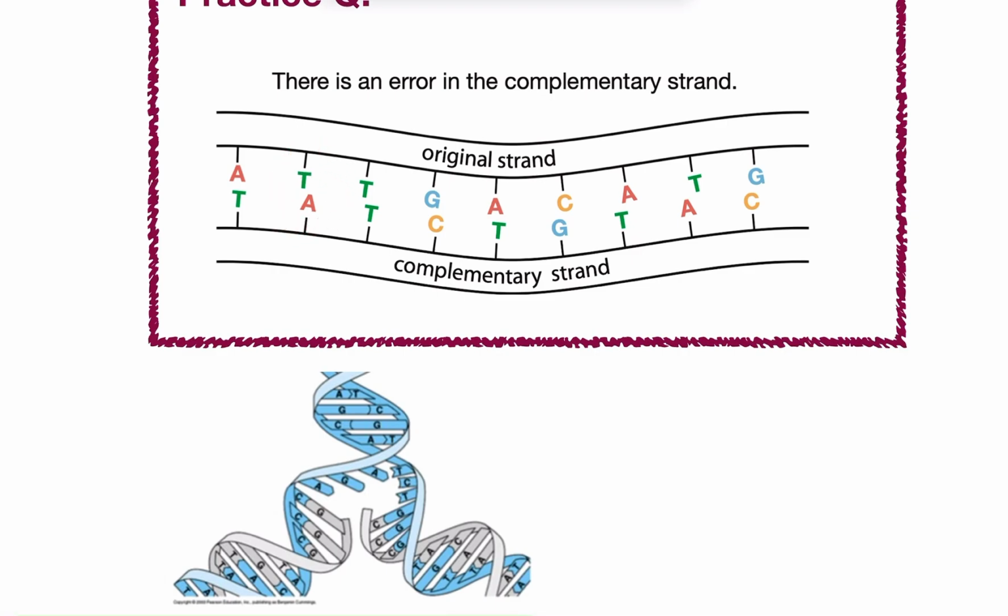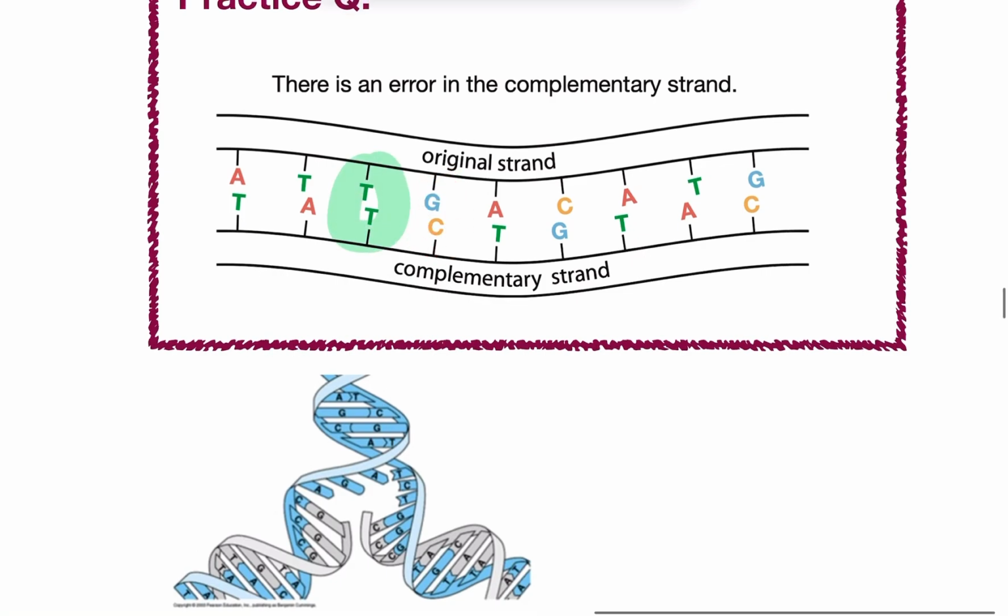And you can see apples grow on trees, trees, apples, trees, trees. That's not good. Okay, and then cars in the garage, apples, trees, cars in the garage, apples, trees, cars in the garage, however you want to say it. So this one here, there's a mistake. This is the original strand, so that's not the mistake, it's this one right there. So this should be an A.